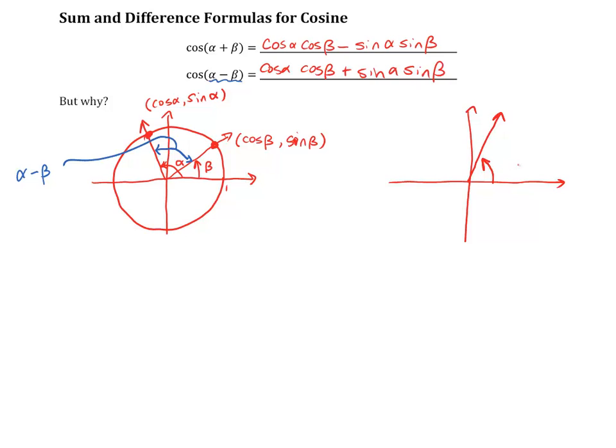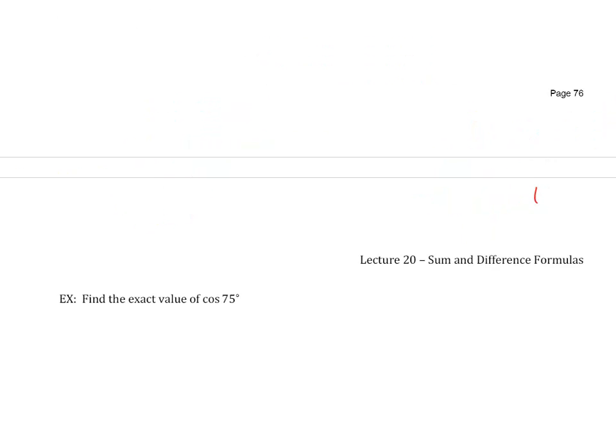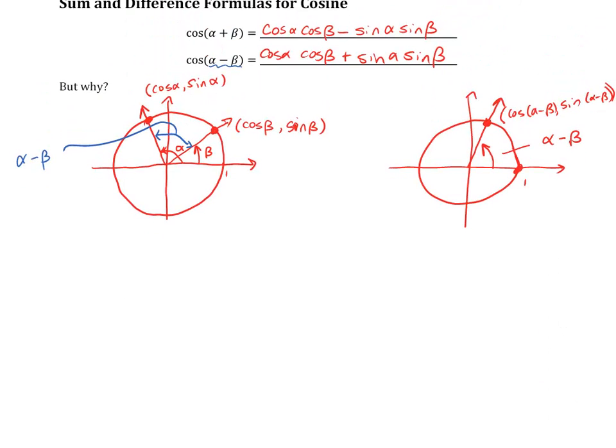So if we were to draw our unit circle on the outside of this, the coordinates of this point right here would be cosine of alpha minus beta, sine of alpha minus beta. And the point here, of course, is 1, 0.